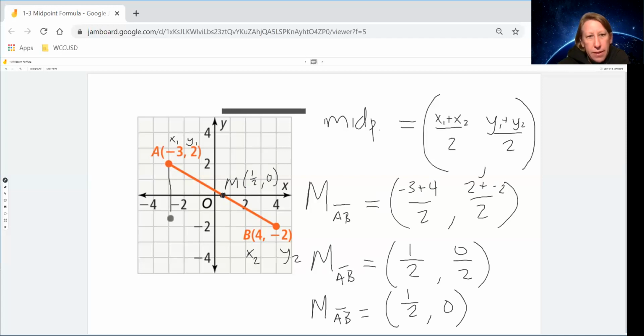This distance here is 2 and 2, and the middle was at 0. And this distance here, if I could count it, 1, 2, 3, 4, 5, 6, 7. Halfway is 3.5. So I can find the middle of the X coordinates and the middle of the Y coordinates. And that would tell me the middle of the line segment.